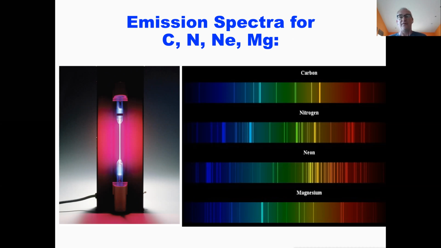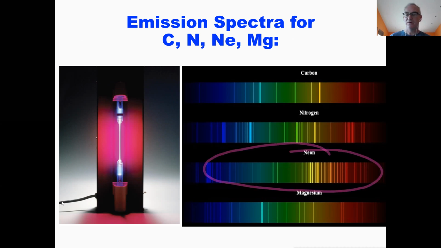Now, unfortunately, any other element you put in there, even helium, doesn't work anymore. These equations completely break down. I mean, look at neon, for instance. Neon's the third one down. Look how complex that line is compared to what hydrogen was.